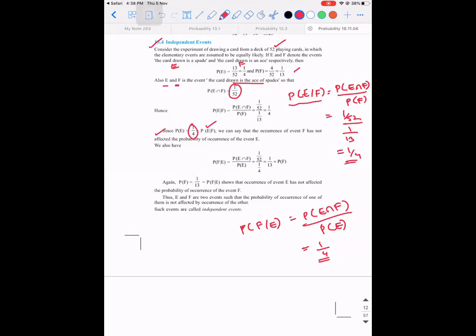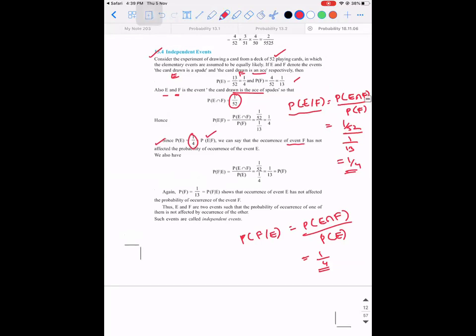So from this we can conclude that in this case, drawing an ace and drawing a spade are independent events. Right? So I'm repeating it again. So from this, what we can conclude is F and E are independent events.